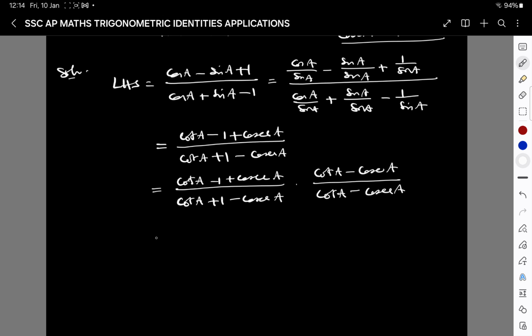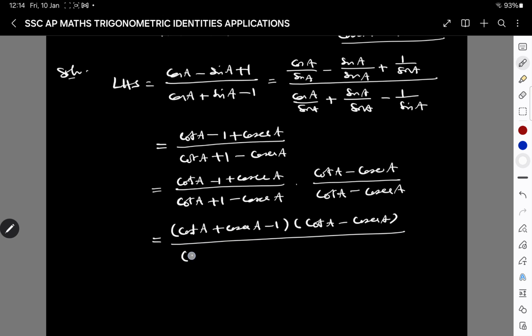So this is equal to cot A plus cosecant A. I am writing it like cot A plus cosecant A minus 1 into cot A minus cosecant A divided by cot A plus 1 minus cosecant A, and it is cot A minus cosecant A.